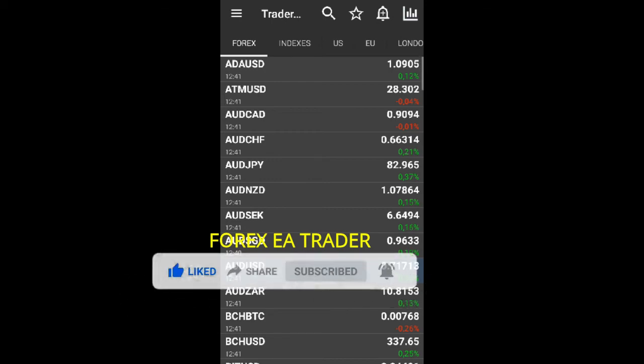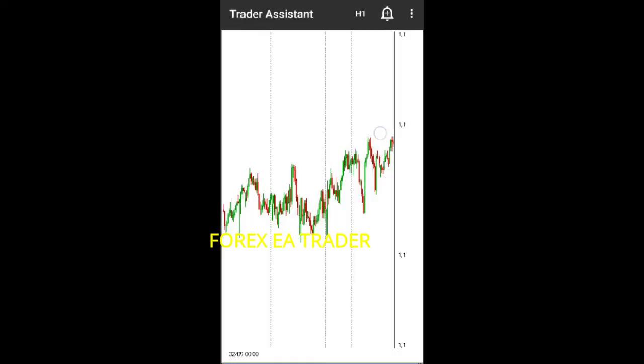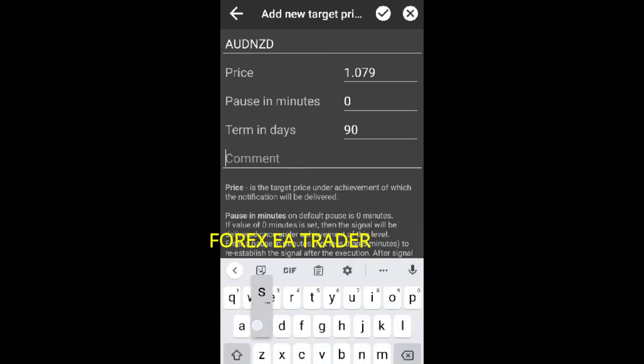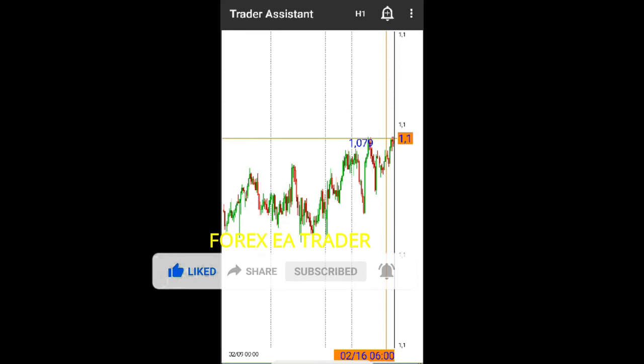It sets alerts for you when the level has been reached. When the level has been reached, you simply get an alert. We say sell, and you already know that when it reaches that point, you get the alert. It's going to say sell.